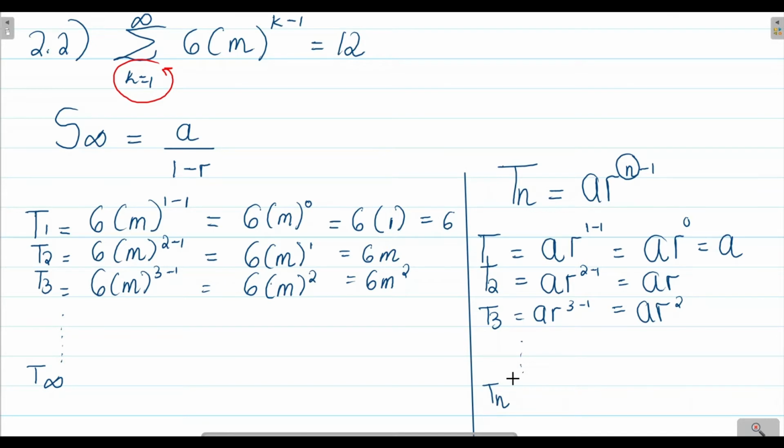So that is what we're supposed to use to help us answer this question. We've already found that for this series, our T1 is equal to 6, our T2 is equal to 6m, and our T3 is equal to 6m squared.